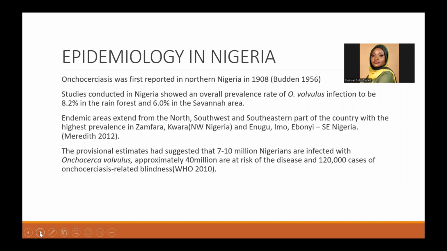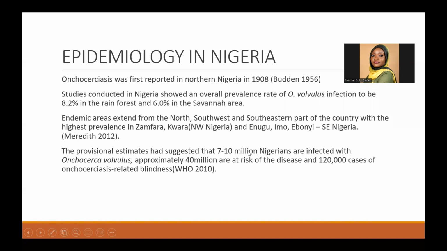And endemic areas extend from the north to the southwest to the southeastern parts of the country. And we have highest prevalence in Zamfara, Kwara State, Enugu, Ebonyi, and Imo State in southeastern Nigeria.